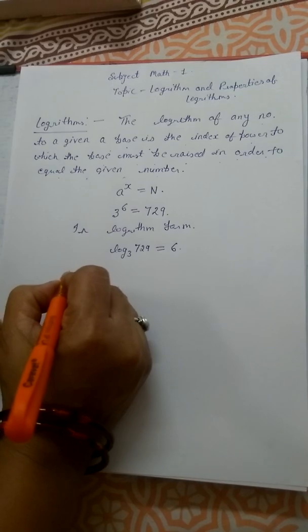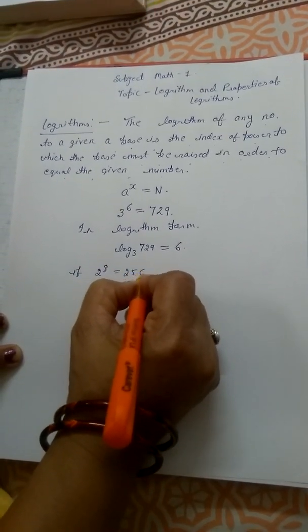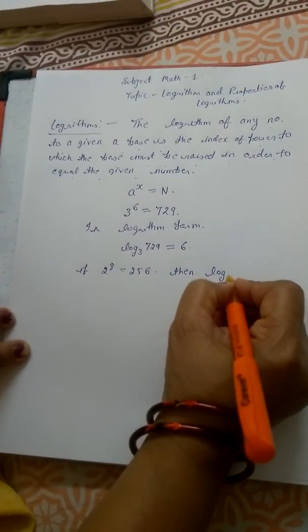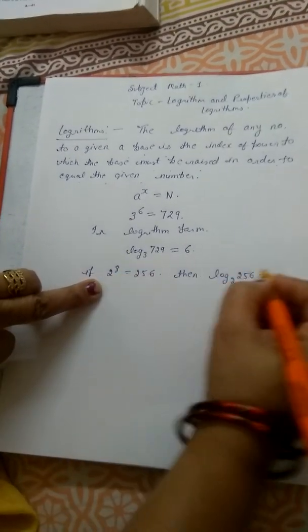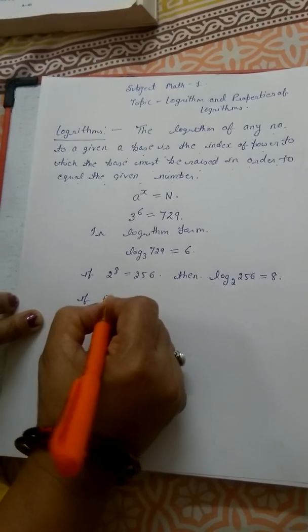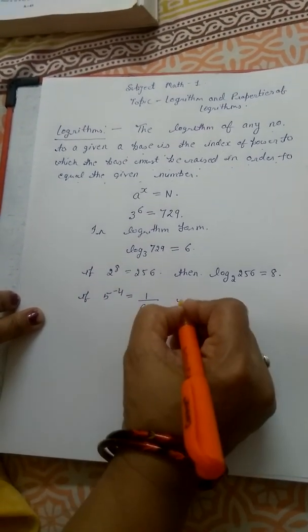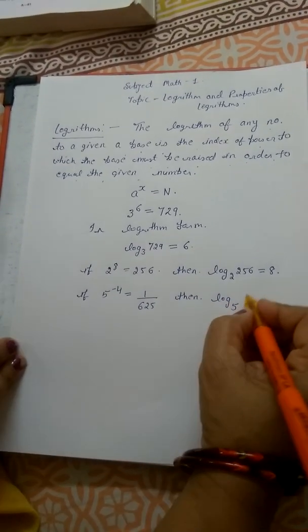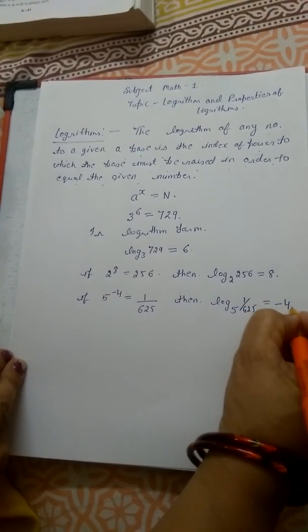If 2 raised to the power 8 is equal to 256, then log base 2 of 256 is 8; the base, the number and the power are all there. If 5 raised to the power minus 4 equals 625, then log base 5 of 625 has the value and the power there.